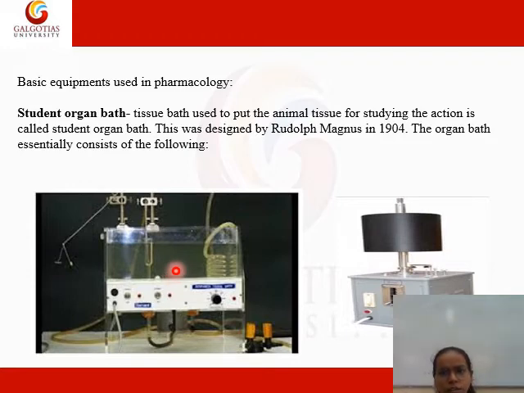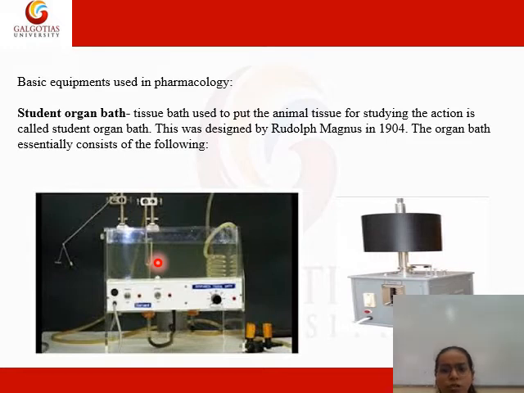A thermostatically controlled heating rod is present to maintain the temperature of the outer jacket. An oxygen delivery glass tube, which also serves as a tissue holder, is known as the aeration tube. And a glass coil, one end of which is connected to the lower end of the organ bath and the other to the container having physiological salt solution.